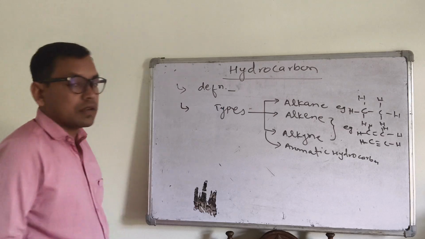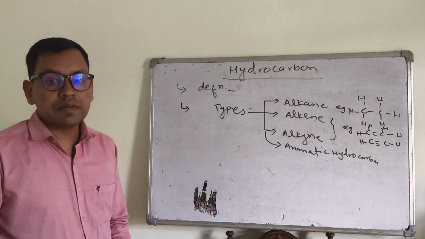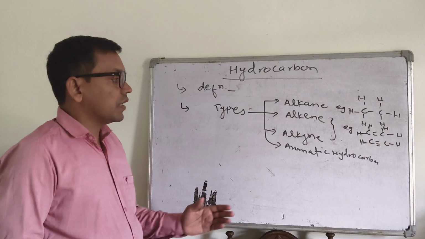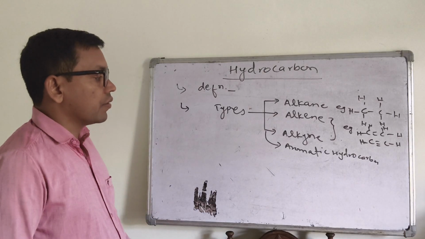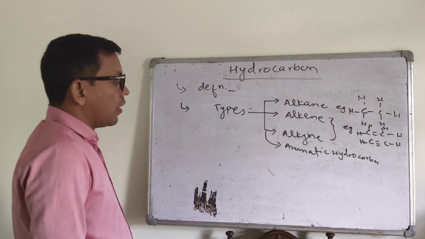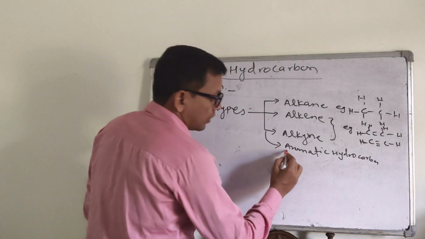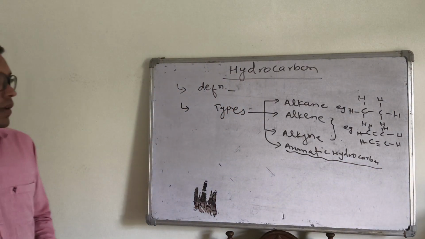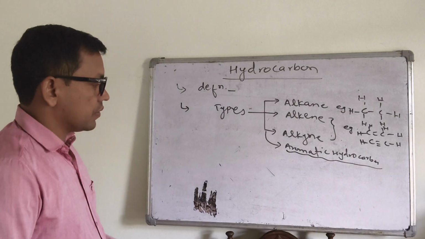If there is a double bond or triple bond present between carbon and carbon, then it is called unsaturated hydrocarbon. Aromatic hydrocarbon is the hydrocarbon obtained from benzene and its derivatives.